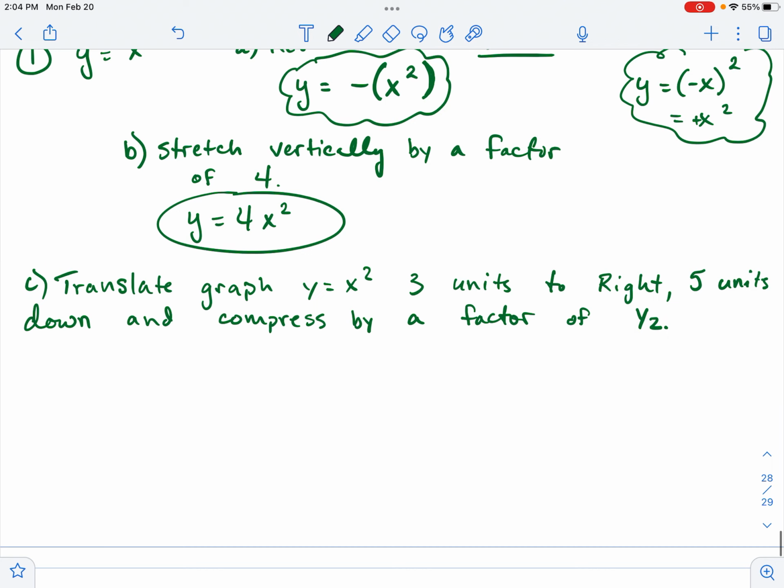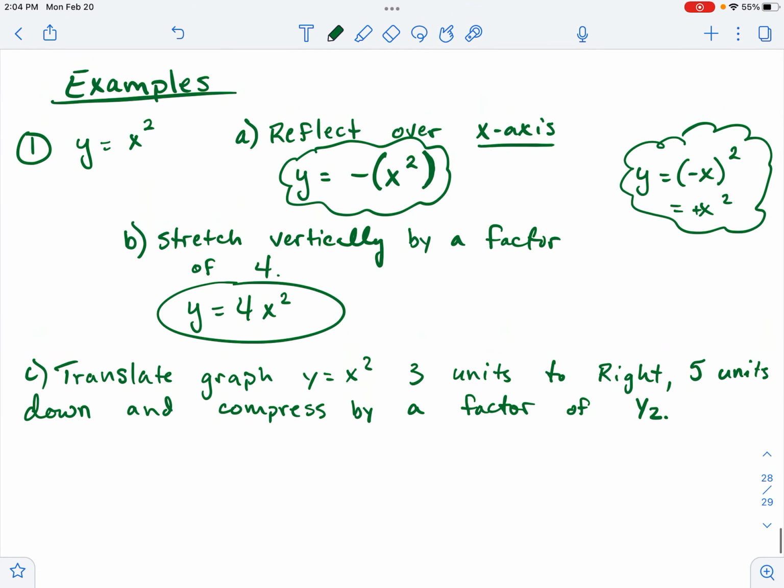For this one, if I'm writing this out for y equals x squared, I'm going to take care of 3 units to the right. 3 units to the right is going to take place inside my parentheses, so this is going to be x minus 3, and all this is squared for x squared.